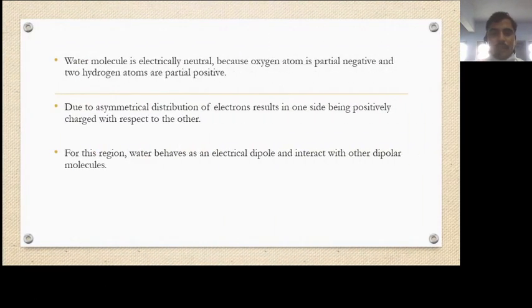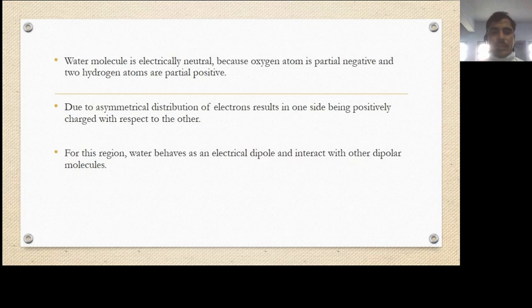That means the oxygen atom is partial negative and two hydrogen atoms are partial positive, and these positive and negative charges neutralize each other, which results in the neutrality of the water molecule. Hence we can say that the water molecule is electrically neutral.